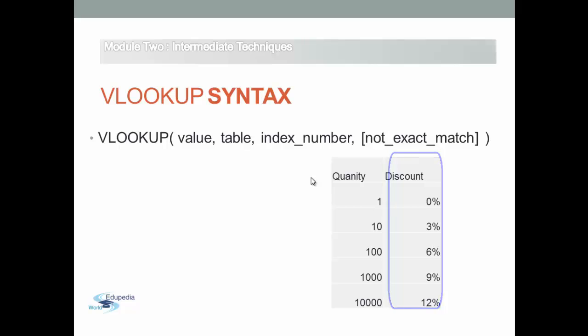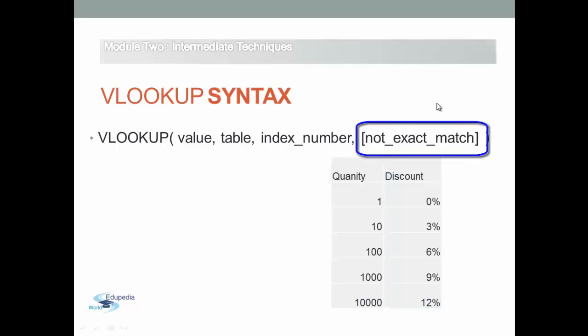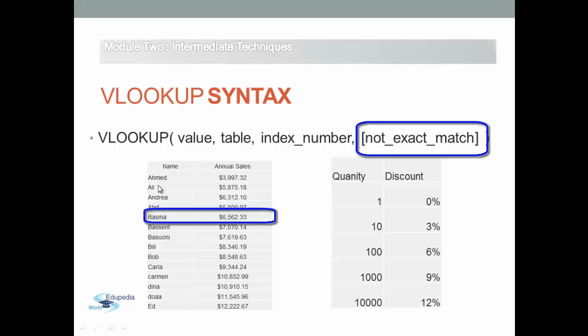Finally, the fourth parameter, which is the not exact match option, can be substituted by a false value or a true value. If you are looking for an exact value, like a product name or person name, you can type FALSE in the fourth parameter.